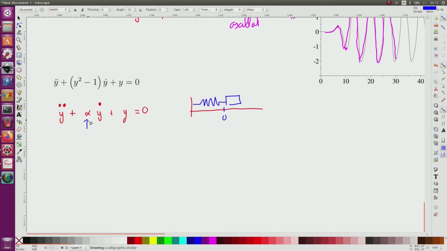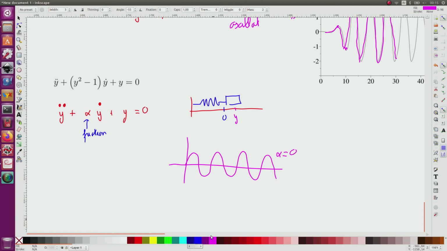This one corresponds to the friction. This one corresponds to y. If I have no friction, so alpha equals 0, I will oscillate like this, and the solution will be a sine. If alpha is positive, so it means that I have some friction, I may have something like this.